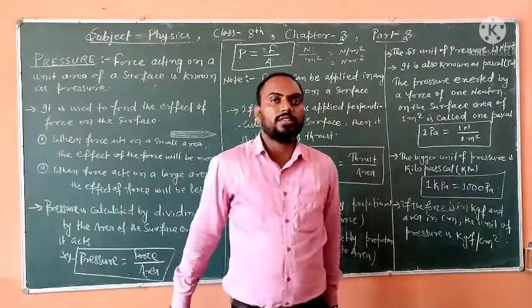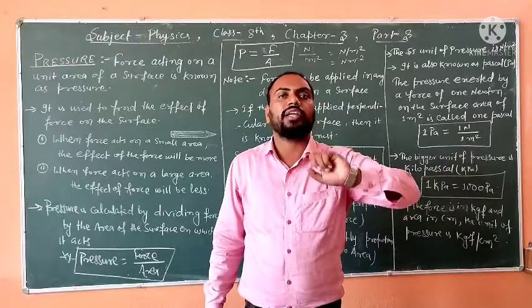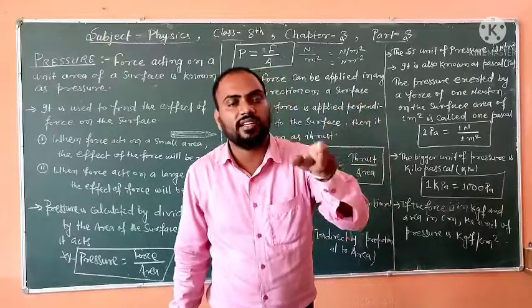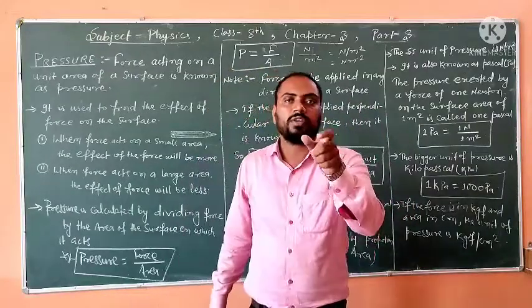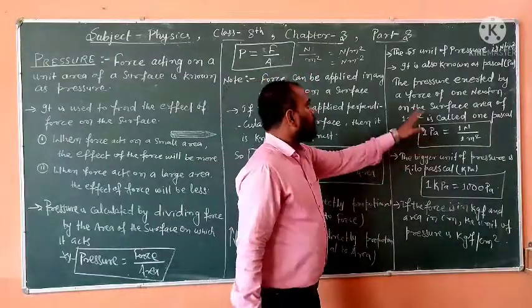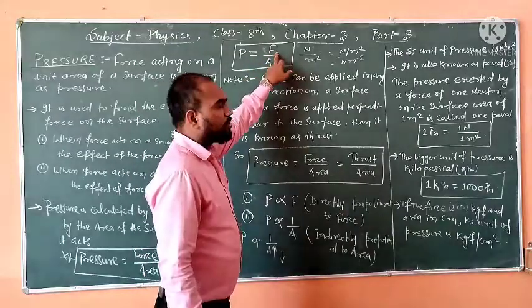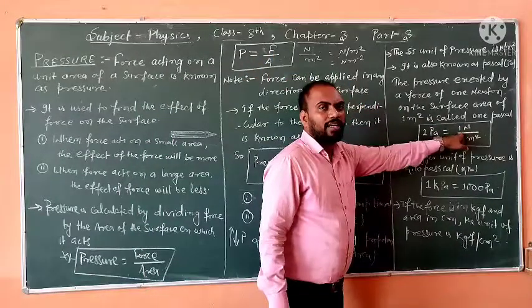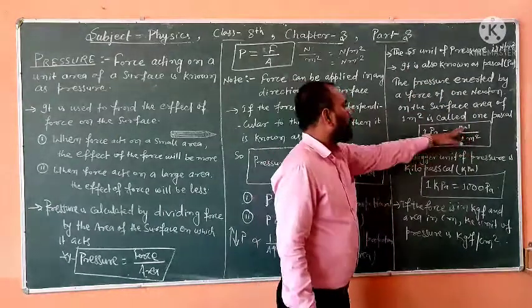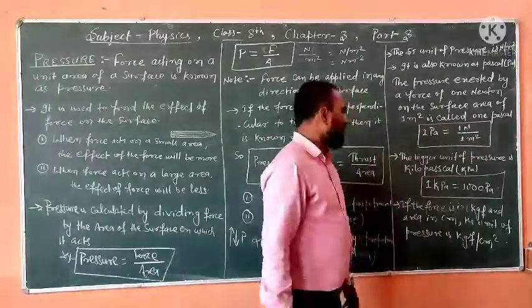You will define it as: when a 1 Newton force is exerted on a unit surface area, the pressure exerted on the surface area will be called 1 Pascal. As we know pressure is equal to force upon area, if I replace force by 1 Newton and area by 1 meter square, we will get 1 Pascal. Means 1 Pascal is equal to 1 Newton by 1 meter square.